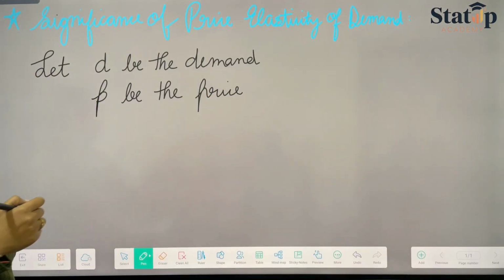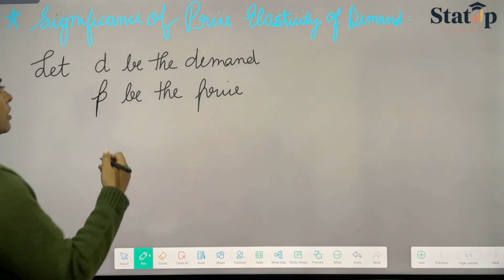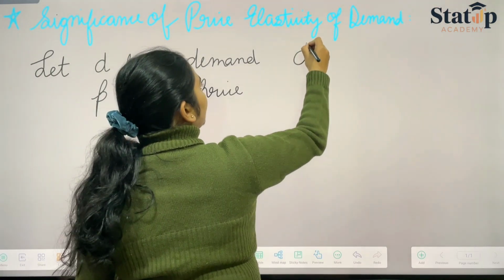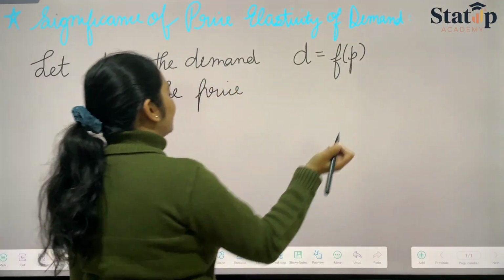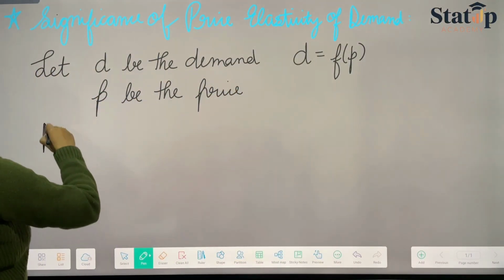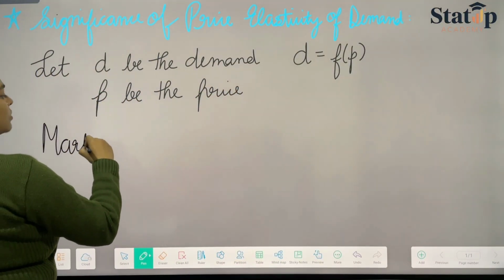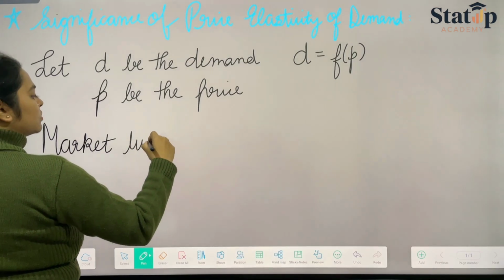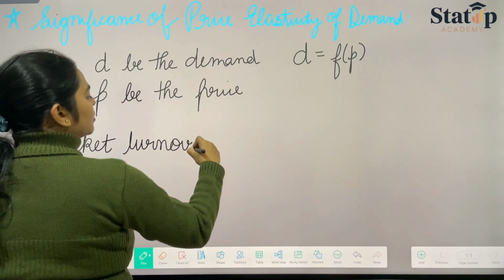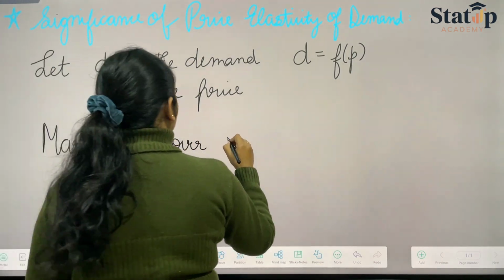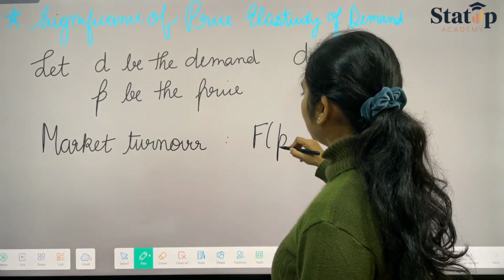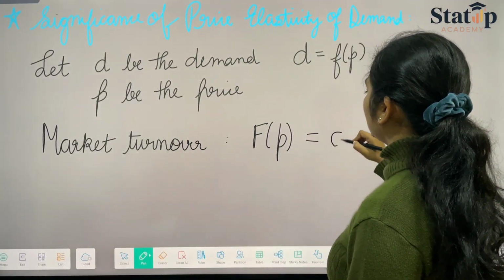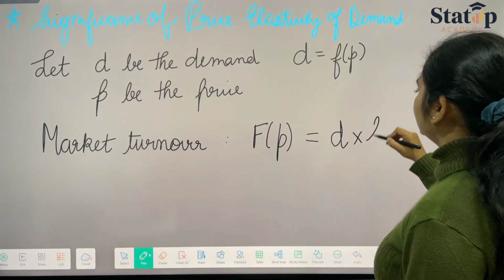Then we can write demand as a function of price, and we can write the market turnover as capital F(P), which equals demand into price.